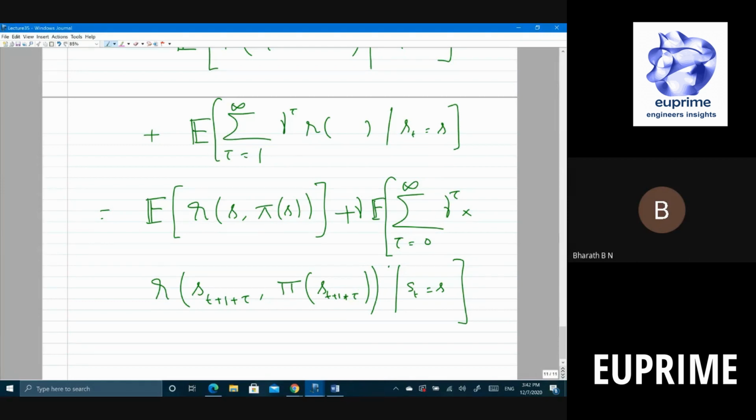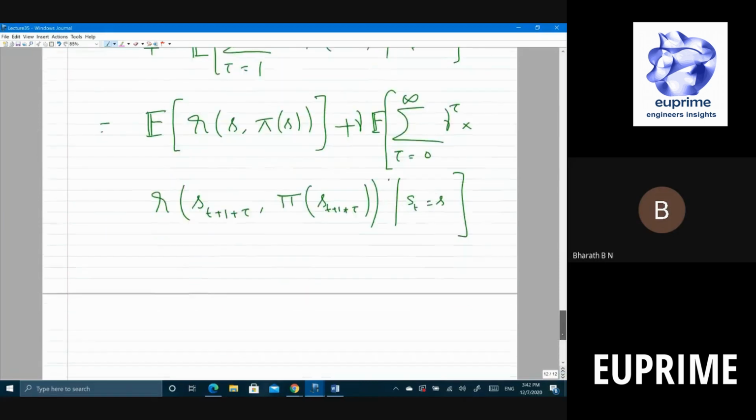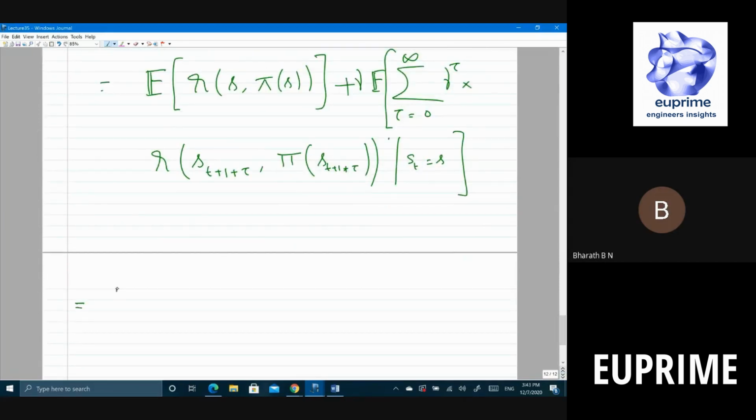So what is it that I can write here for the next step? This is the expected value of r of S comma pi of S, the average, plus gamma times this. So what can I say about this? Gamma to the tau times the expected value of the reward given s t is equal to S. So what is it that I can do?